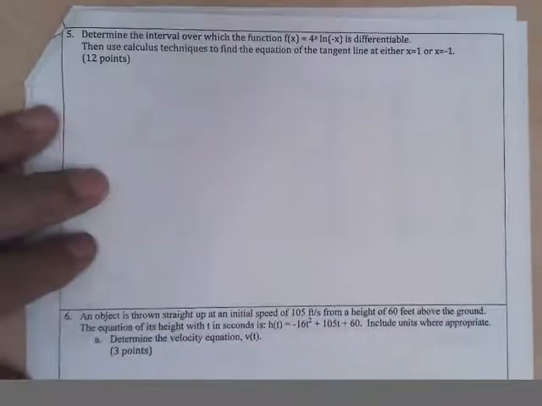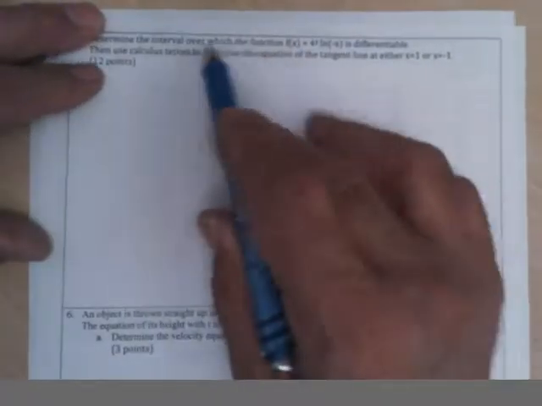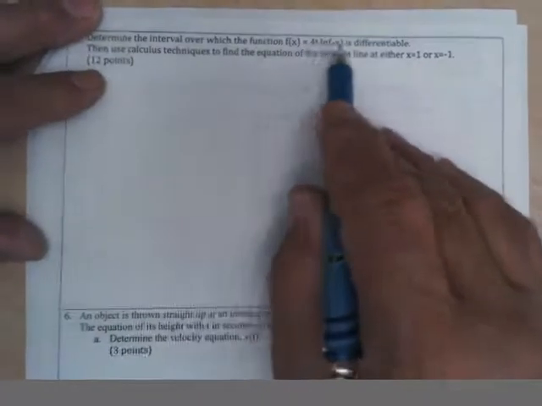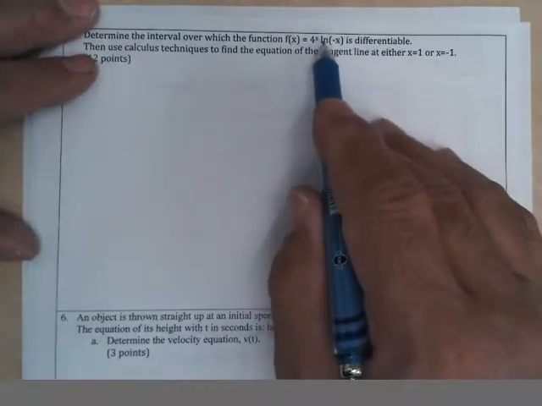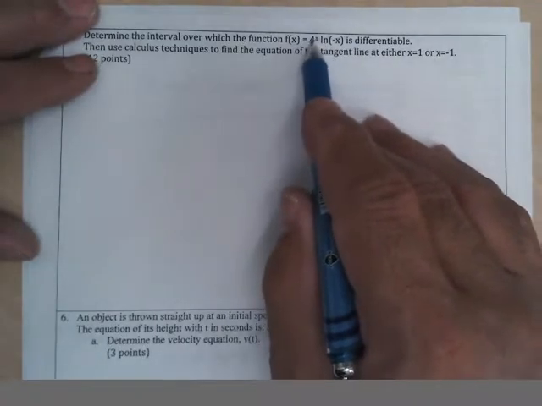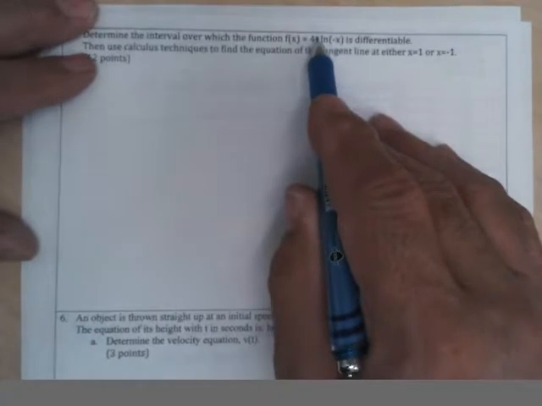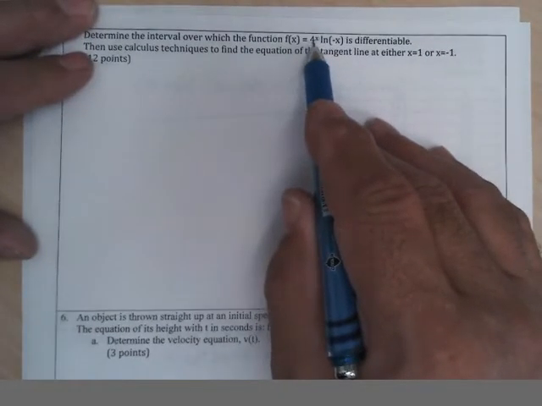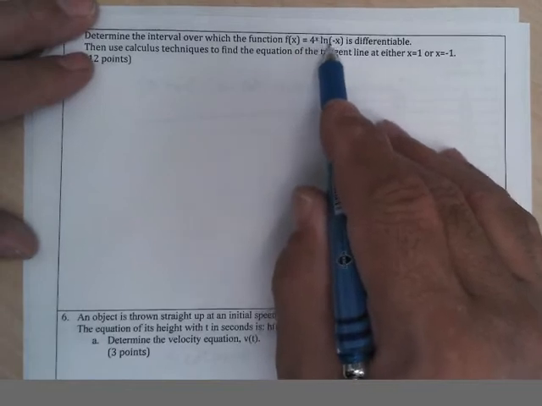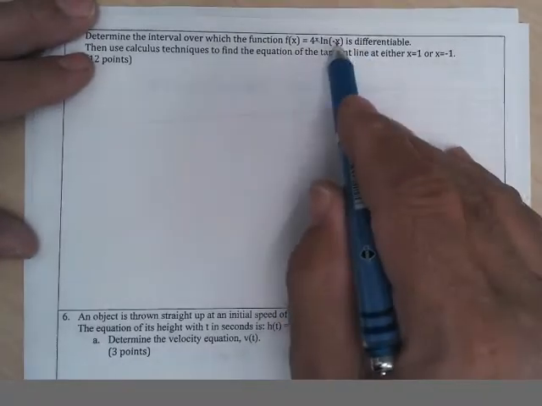Okay, page 3. Now we have to determine the interval for which this function is differentiable. Now you could just type it in a graph, but 4 to the any power, the power can be any number. So this part is differentiable everywhere except this part that it's multiplied by, ln of negative x.